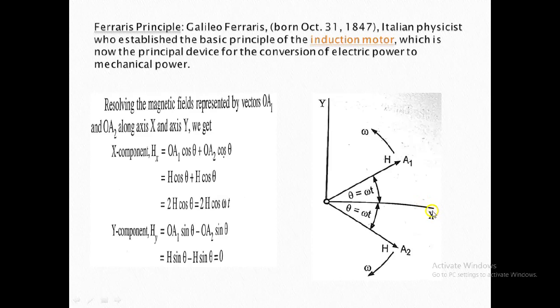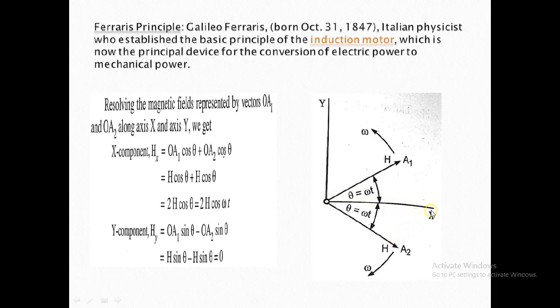The magnetic field which is produced by the single phase induction motor through a single phase alternating current is an alternating magnetic field, which can be shown on the x-axis as magnetic flux, suppose it is phi. Okay, so according to this Ferraris's principle, it is resolved into two components, A1 and A2.